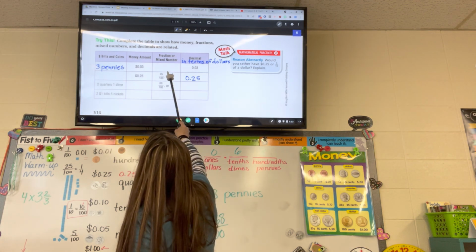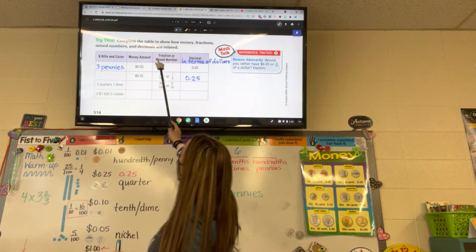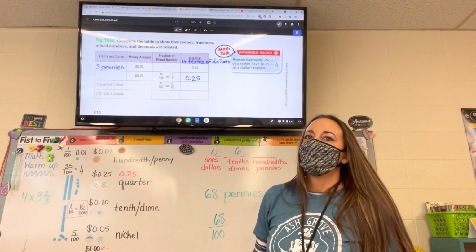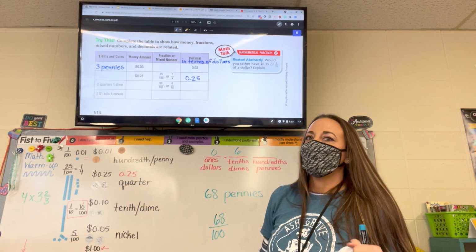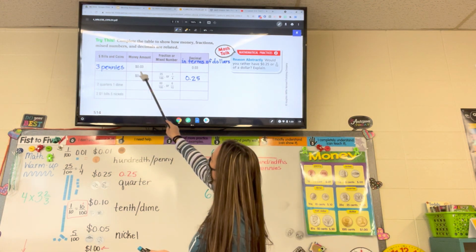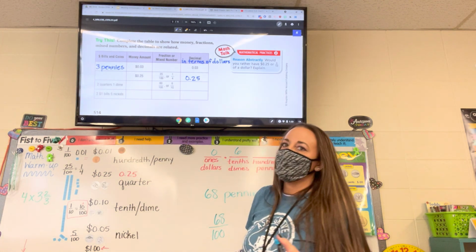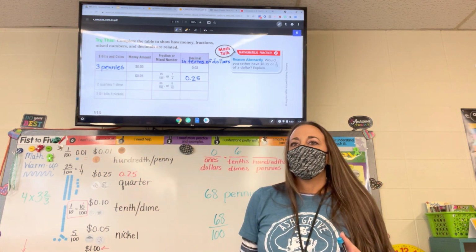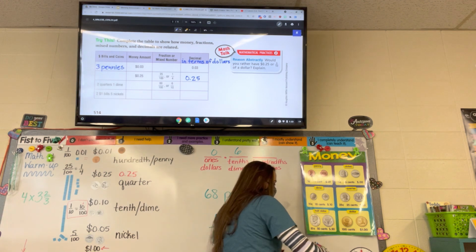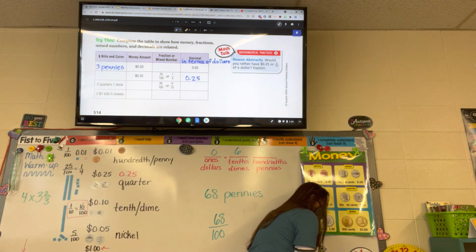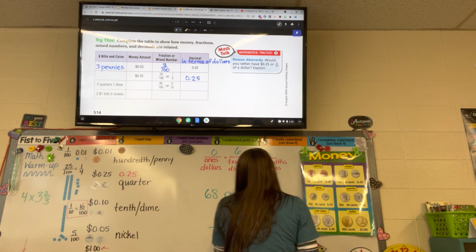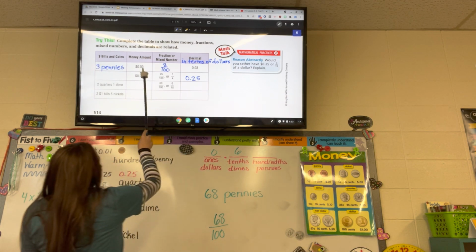Now, as a fraction or mixed number, Dakota, how would you write this amount? 3/100. Very good. Now you can give yourself a point. Because what place is that 3 in?